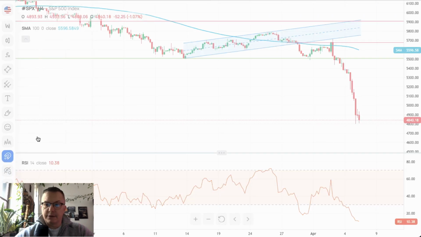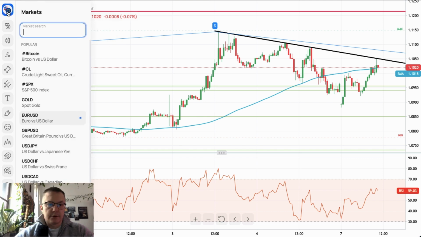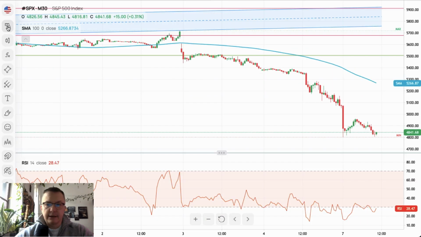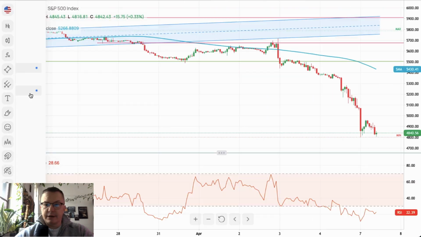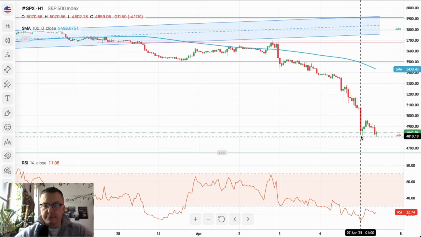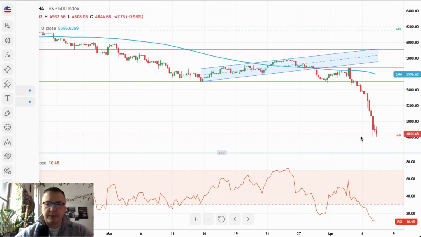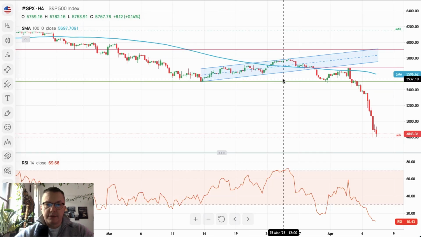If we go ahead on the weekly time frame chart, I don't know if we will be allowed to do this. The weekly doesn't actually work very well. Let me just go with the S&P 500 again. M30, it's obvious. 1-hour time frame chart looks like this. Maybe some sort of temporary bottom was found at 4,800, but it looks like the market is under very big pressure.